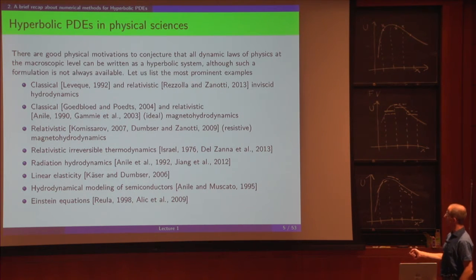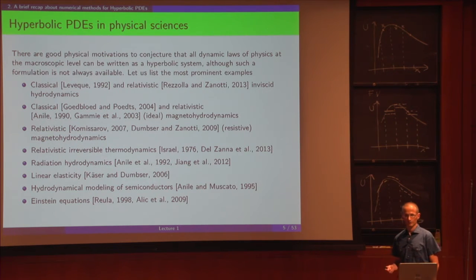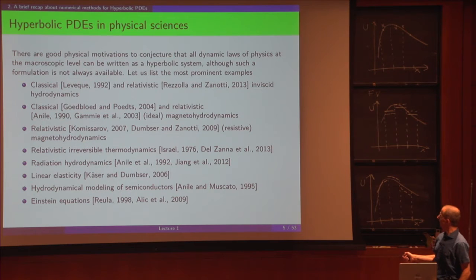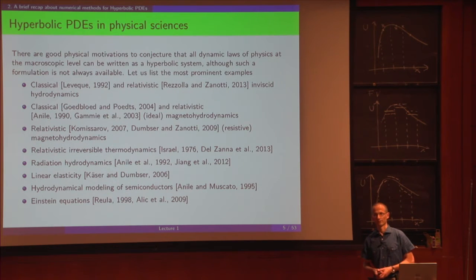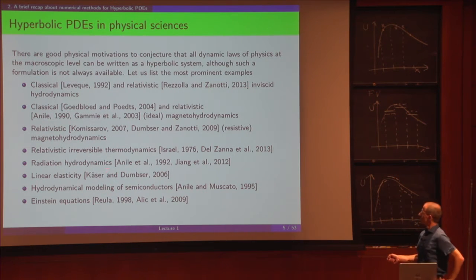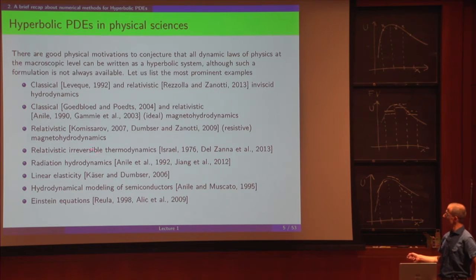Relativistic but resistive MHD is also in our list, and here you have an extended set of variables because you have to evolve in time also the electric field, not only the magnetic field. Relativistic dissipative irreversible thermodynamics, so with dissipation included, non-perfect fluids, is also a very interesting example.